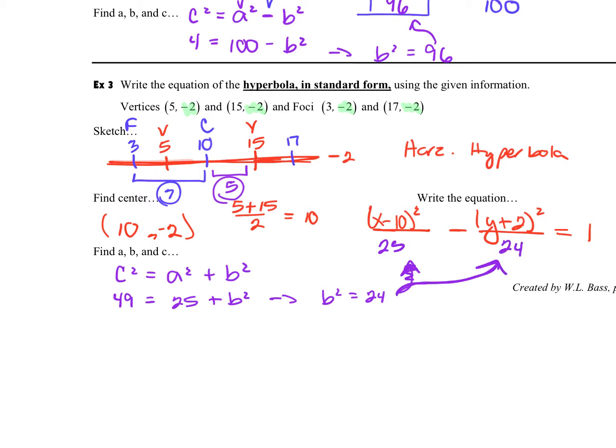So we've got our 25 here, center to the vertices squared. Under the y is going to be the b value from this little equation. So there we go. That's going to be our equation from our characteristics. And again, if you really just focus on always finding these little pieces, you should have enough to only have one missing variable each time.